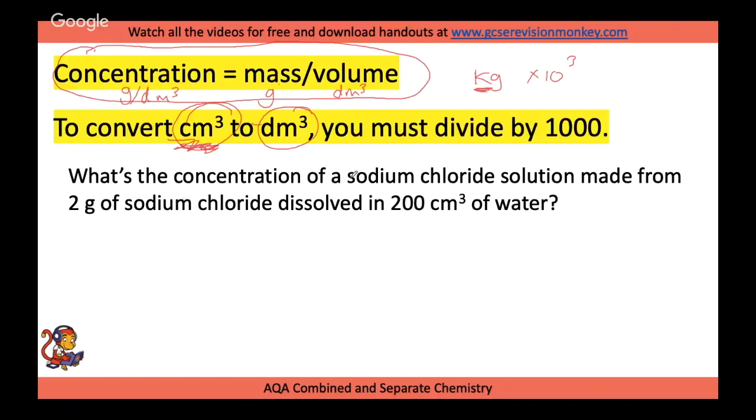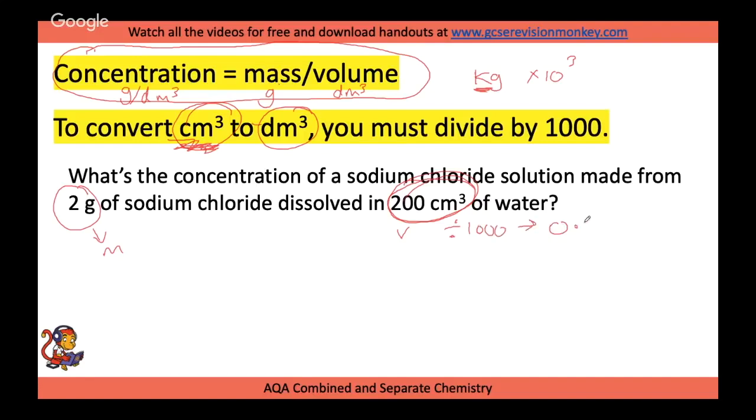It says, what's the concentration of a sodium chloride solution made from 2 grams, that's the mass, of sodium chloride dissolved in, there's your banana skin, 200 centimeters cubed of water. They're trying to make you slip up. So that's the volume, but we need to divide that by 1,000 to turn it into decimeters cubed.